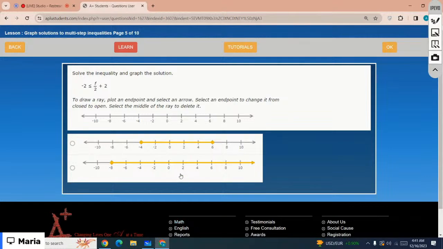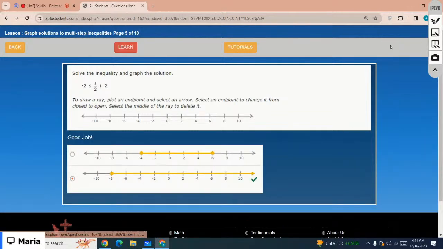That is option number 2, right? Option 2 is the correct option.